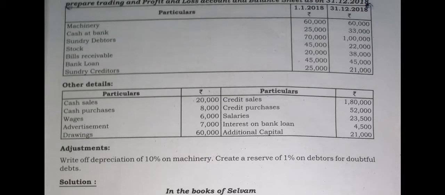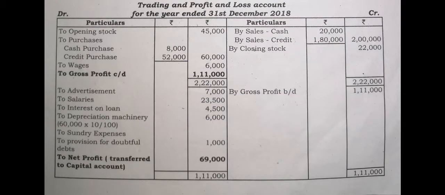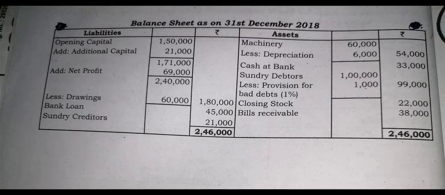Okay ma. So as usual right from the beginning, start with machinery. The current value, the 18th value only we have to take, 60,000. Cash at bank 33, sundry debtors 1 lakh. Wait, the first three we can post on the asset side. See, asset side. Cash at bank, sundry debtors in the inner column, and bills receivable 38 also in the inner column.